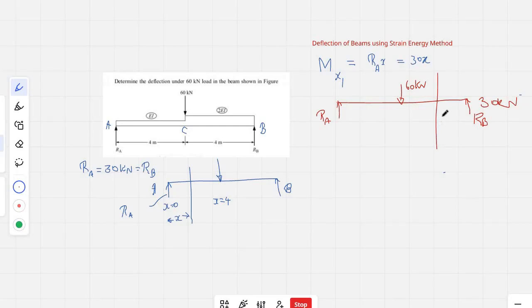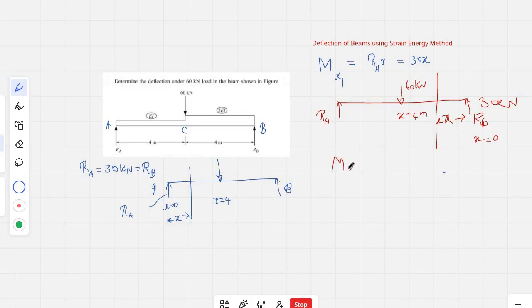Now take X from this location, so here the origin is point B. At this location you have X equal to 0, and at this point you have X equal to 4 meters.